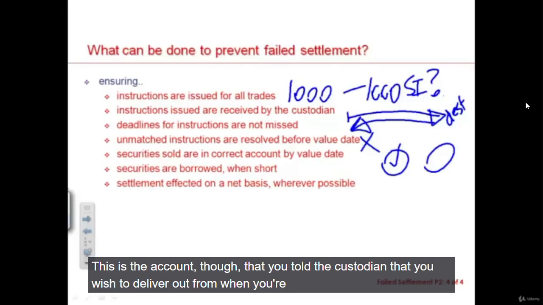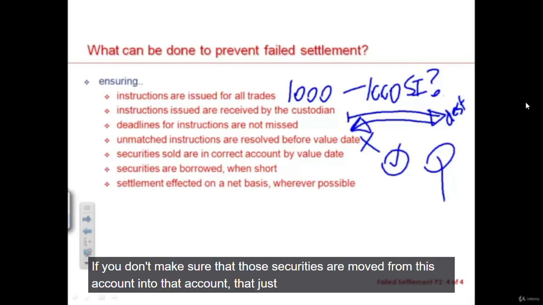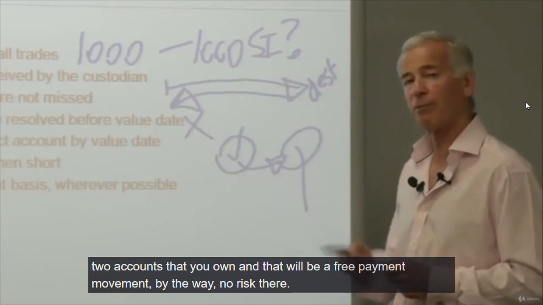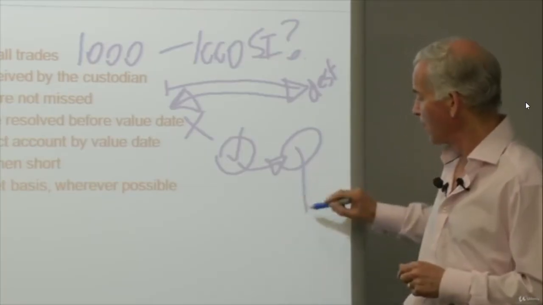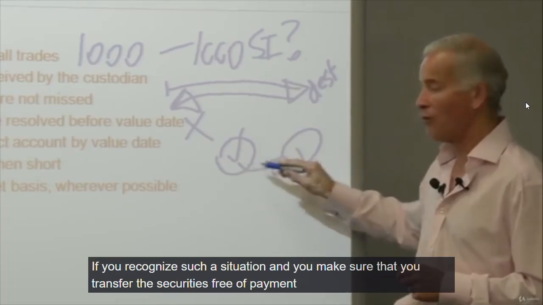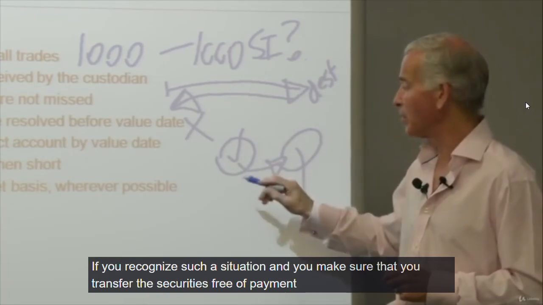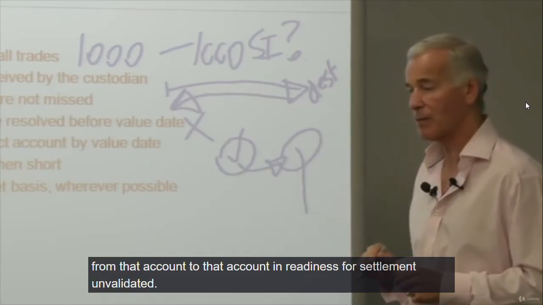This is the account, though, that you told the custodian that you wish to deliver out from when you're selling. If you don't make sure that those securities are moved from this account into that account, they're just 2 accounts that you own, and that will be a free of payment movement, by the way, no risk there, both accounts belong to you. You would only successfully settle the trade on value date if you recognise such a situation and you make sure that you transfer the securities free of payment from that account to that account in readiness for settlement on value date.